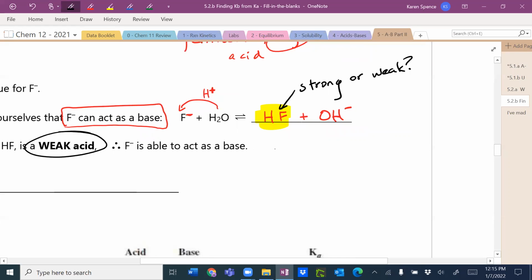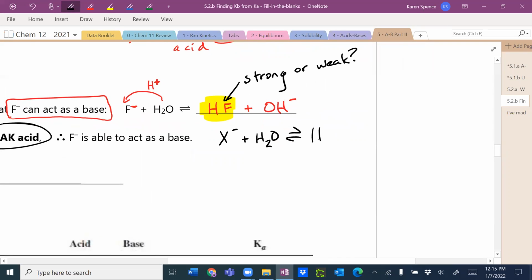Let's say I had X- plus H2O, and it gave me HX plus OH-. Let's say that that was a strong acid. Then what should we do with that equation?